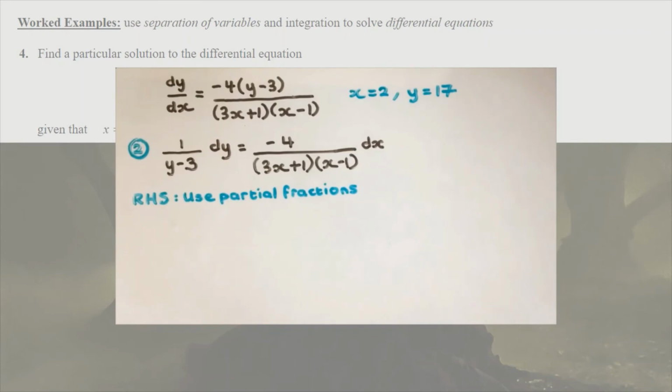Right, so let's set up the partial fractions. We have 2 linear factors in the denominator. That means we're going to have 2 separate linear terms in the denominator for our partial fractions.